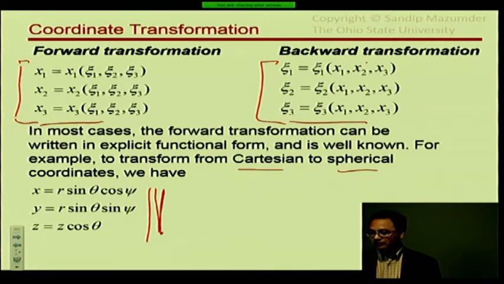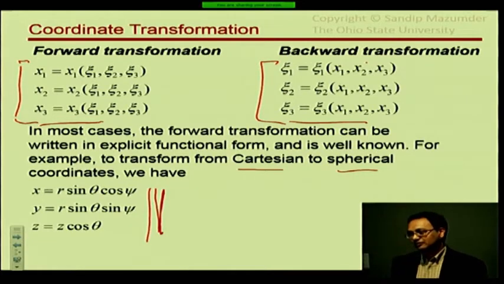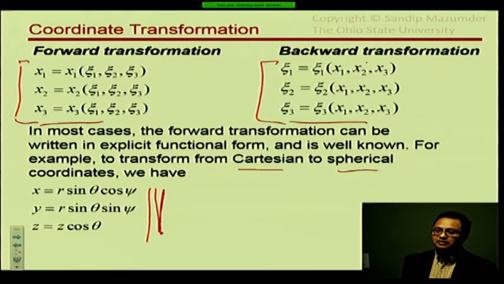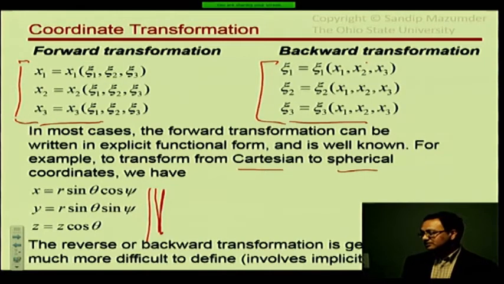The reverse is not an explicit relationship. It's an implicit nonlinear relationship. Very complicated. So I cannot write psi in terms of x, y, z, the nice expression. In some cases it may be possible, but in general it's difficult. So the backward transformation is difficult to write explicitly. The forward transformation is usually the one that's known.